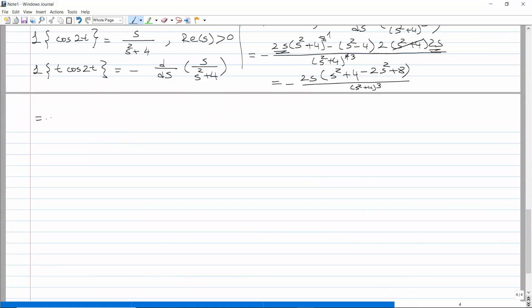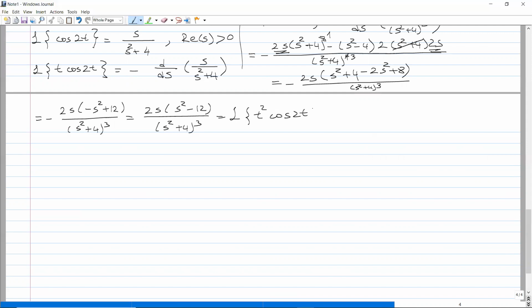So this is minus 2s times minus s squared plus 12. So 2s times s squared minus 12 divided by s squared plus 4 cubed. This is the Laplace transform of t squared cosine 2t.